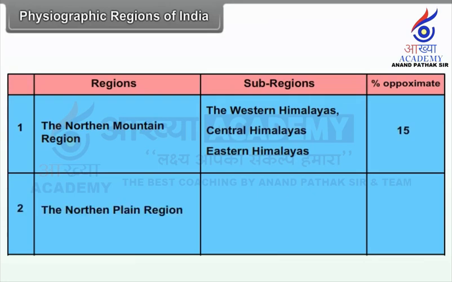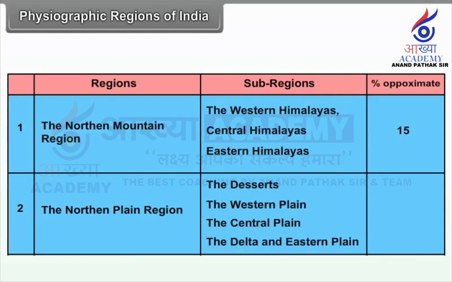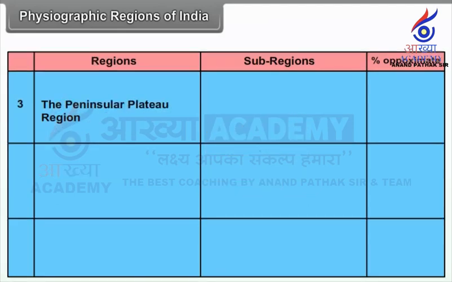The Northern Plain Region: the deserts, the Western Plain, the Central Plain, the Delta and Eastern Plain, 32%. The Peninsular Plateau Region: the Central Highland, the Deccan Plateau, 53%.